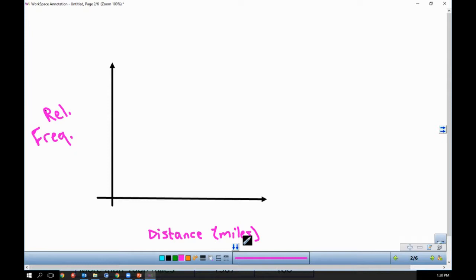Okay, so we put our different categories in here: less than 250 miles, then 250 to 500, 500 to 1,000, and then at the end, greater than 1,000.